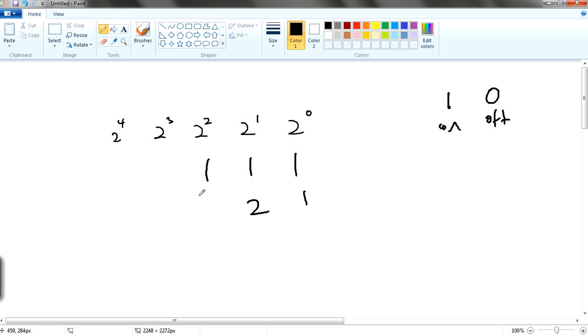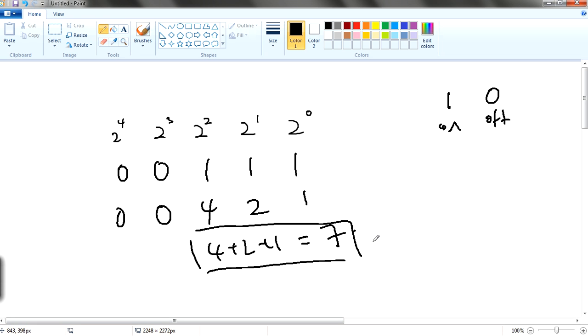If this is 1 also, 2 to the power of 2 is 4. If this is off, in this case 0, then it's just 0, that's all. And this is off too, so you have another 0. So you have 4, 2, 1, which means 4 plus 2 plus 1 equals 7. That's all, so you can get your values.